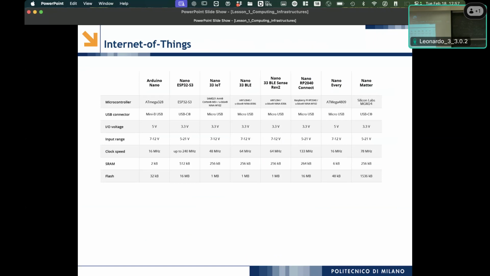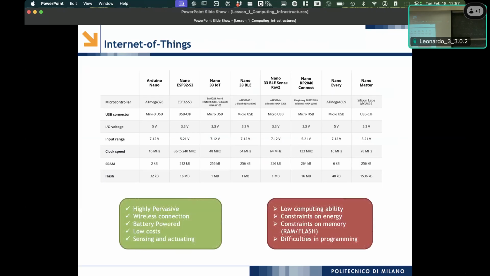So which are the characteristics here? They can be really ubiquitous and pervasive. The next generation of pacemakers will be based on this, for example. You have a different technology for wireless connectivity. You don't even run Wi-Fi on these things.